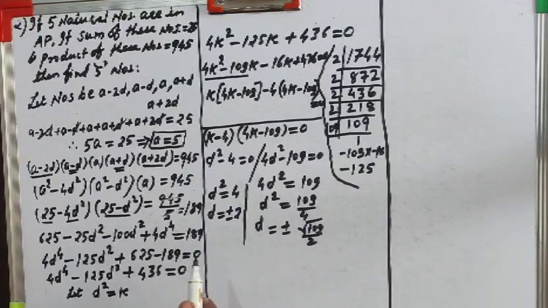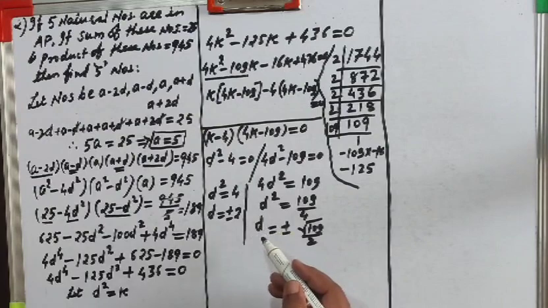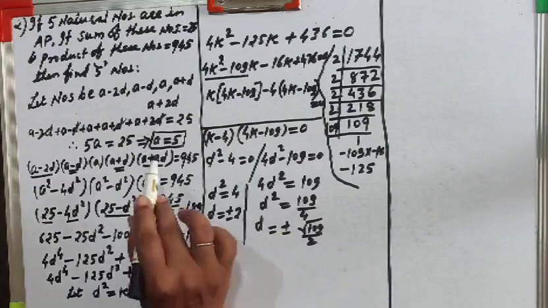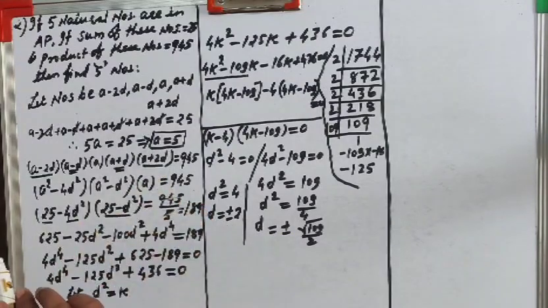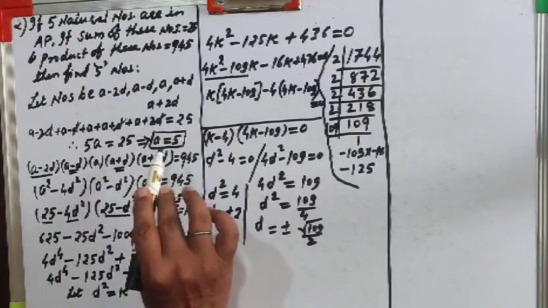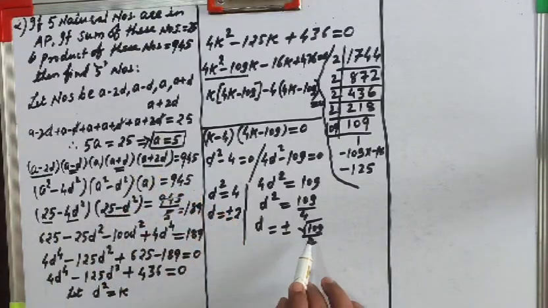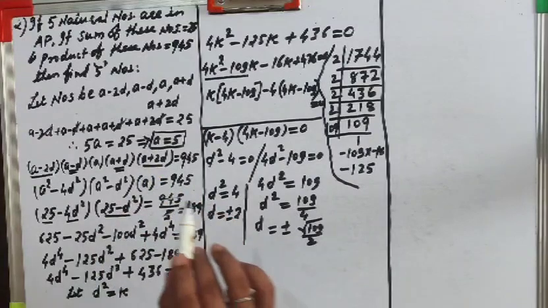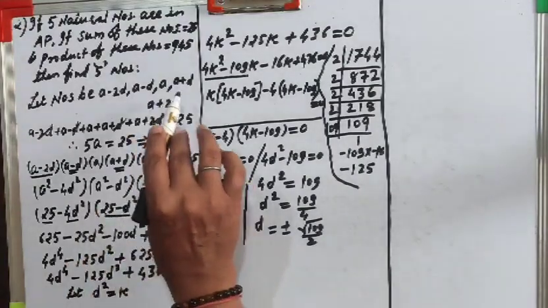Now it looks like both values are possible because d can be either of these, but remember that you got a equal to 5. So suppose you take the first number as a equal to 5 and try to add this, because one of the numbers is a plus d.